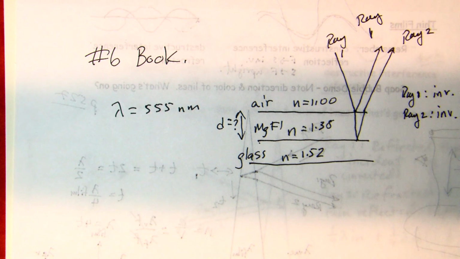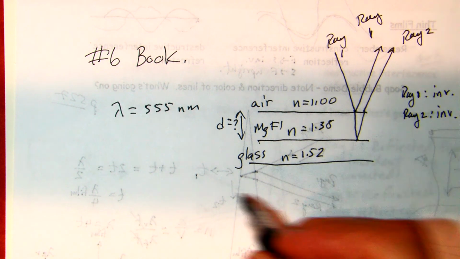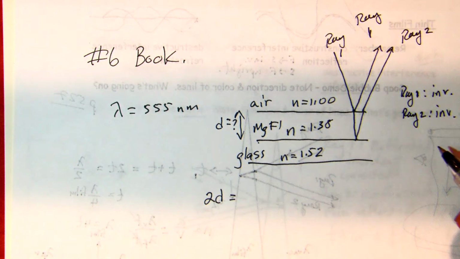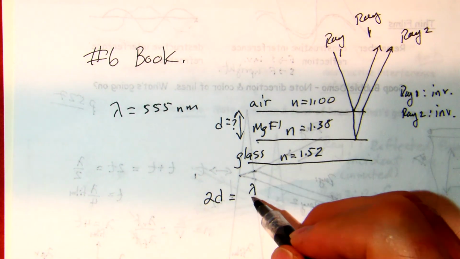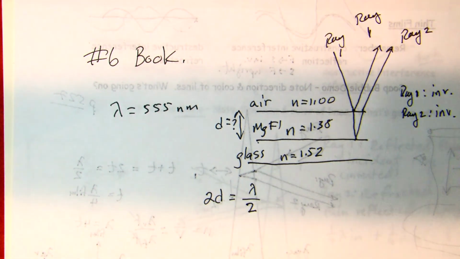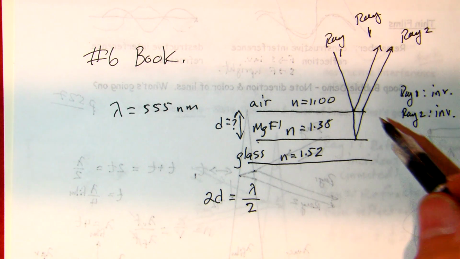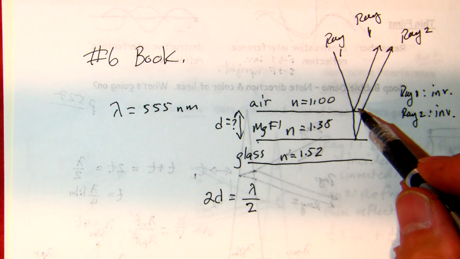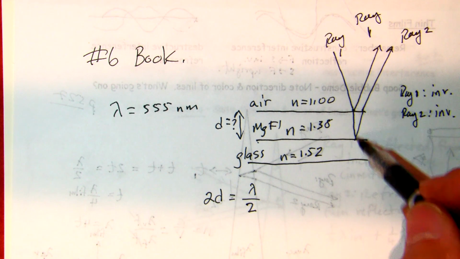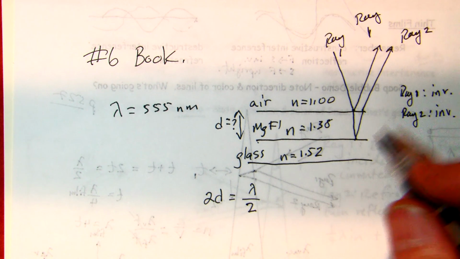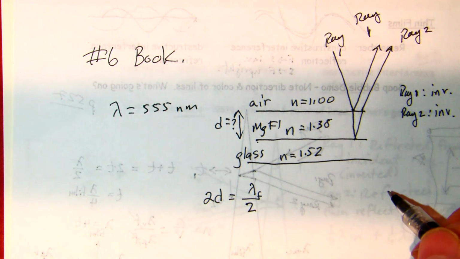So now we need twice the distance to equal lambda over 2 in order to get destructive interference, because they're both inverted, right? So this thing travels twice as far, it will be a half a wavelength out of phase with that. Okay, the only thing is we have to use lambda in the film.